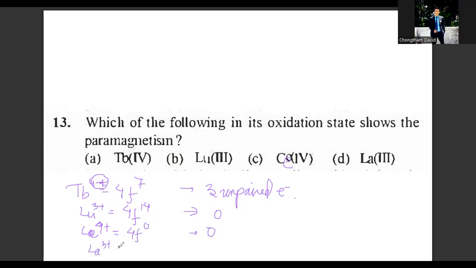Lanthanum 3 plus is 4f0, 0 unpaired electrons.